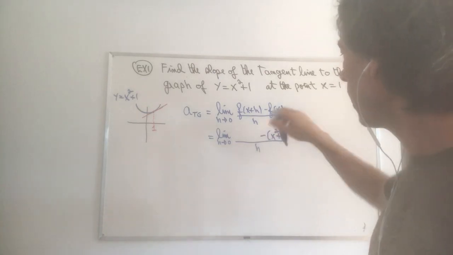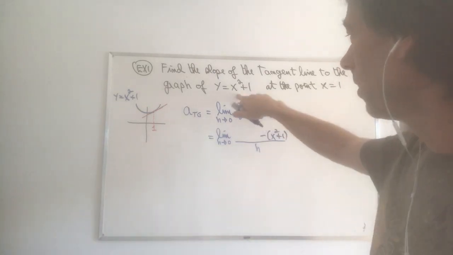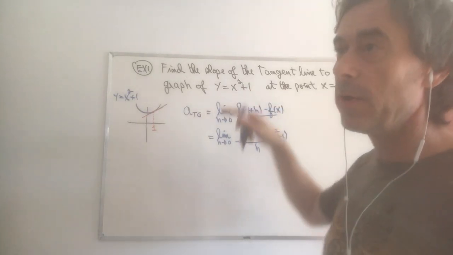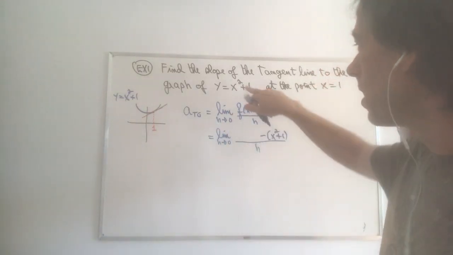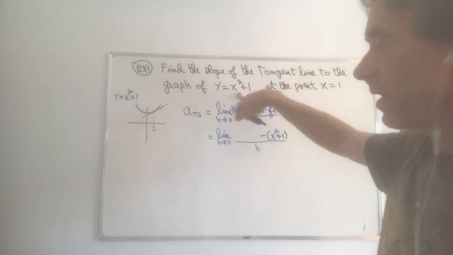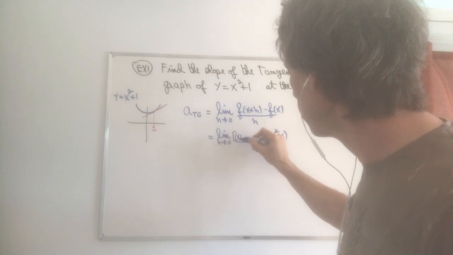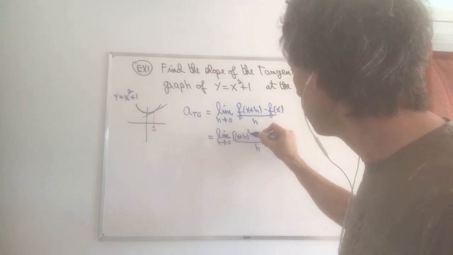Now, what is f of x plus h? Well, we reviewed that in, I believe, review video number 8. How do I get f of x plus h from this? Well, it's x plus h squared plus 1.